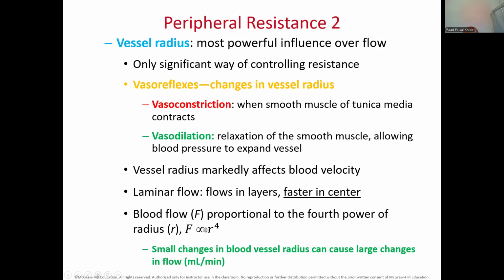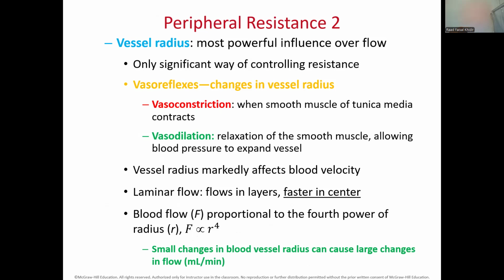So if you double the radius, 2 times r, you end up with 2 to the power of 4. If you drop the radius, you drop the flow by r to the power of 4. That shows you how strong your vessel radius is in dealing with blood pressure.